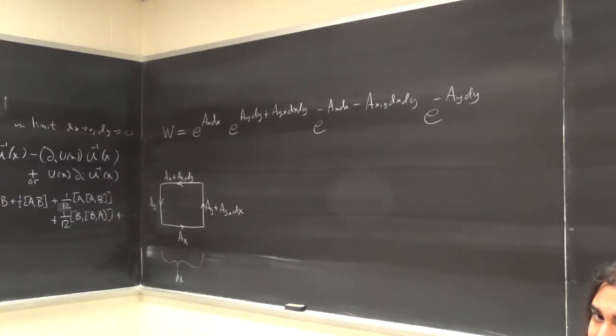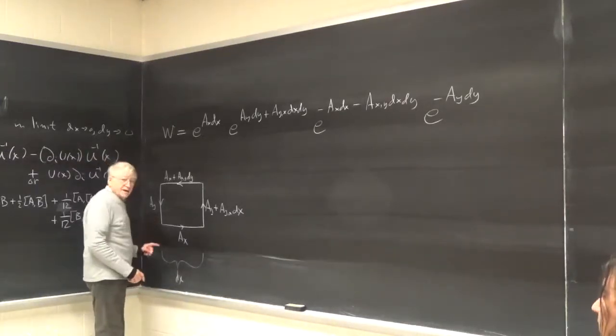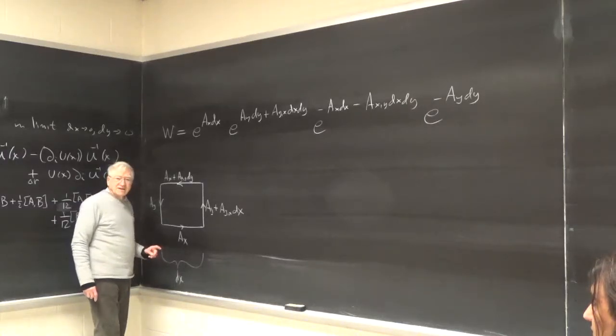I'm just a little confused as to these terms and where they're coming from, and why do we have these derivatives with respect to x of A_y on one side, but not on the other side? Okay, sure. Oh, that's A_y at the point x plus dx. Is that the idea? Right. Yeah, I gotcha.